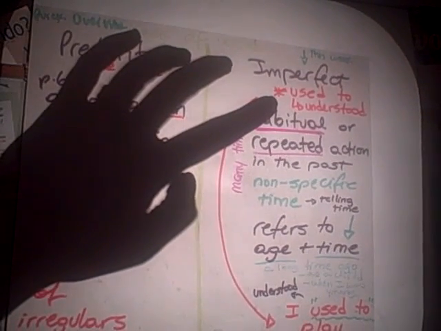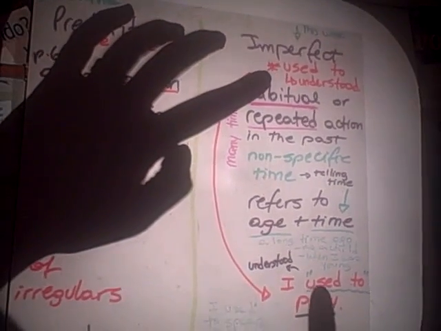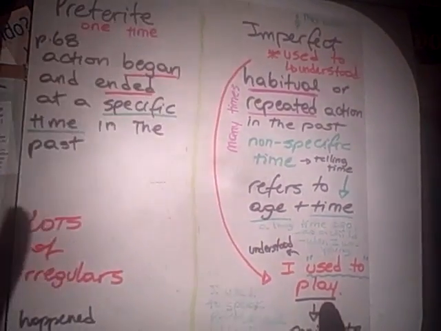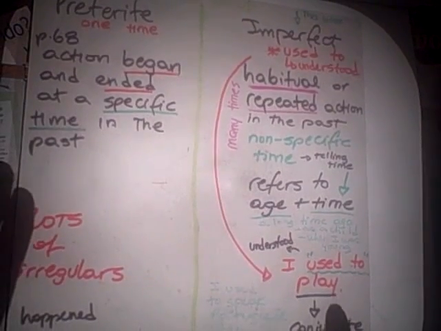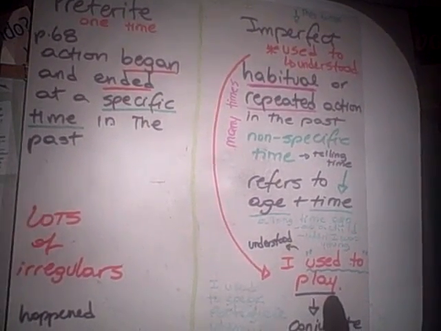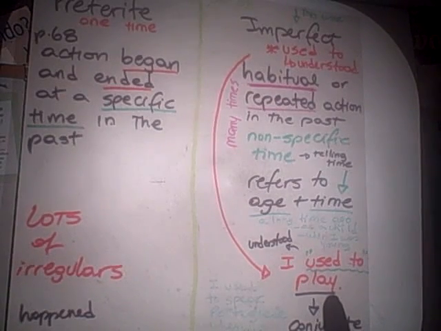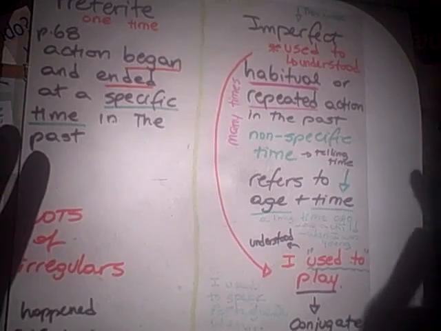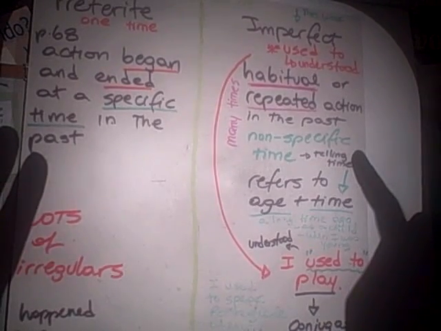For example, if I want to say I used to play, you don't need an actual word for used to. The verb to play conjugated in the imperfect tense can mean I played or I used to play. So it's all just one word. It's understood as part of the translation of the verb. As your book told you, it's not really referring to a specific time, so it's a non-specific time.